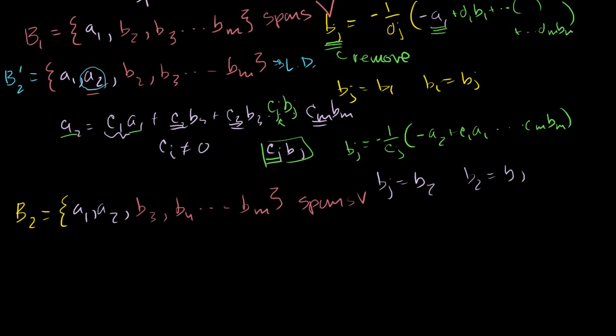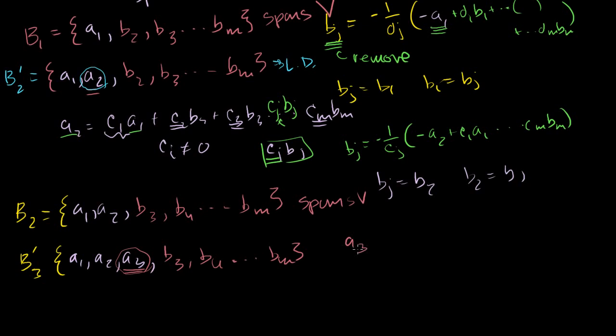I can add an a3. I can define b3 prime by just adding a3 to this set: a1, a2, a3, and then I have my b3, b4, all the way to bm. This is linearly dependent because everything but a3 spans v, so obviously you can construct a3 with a linear combination of the rest of them.